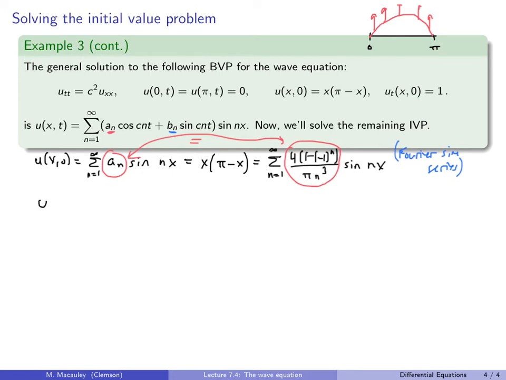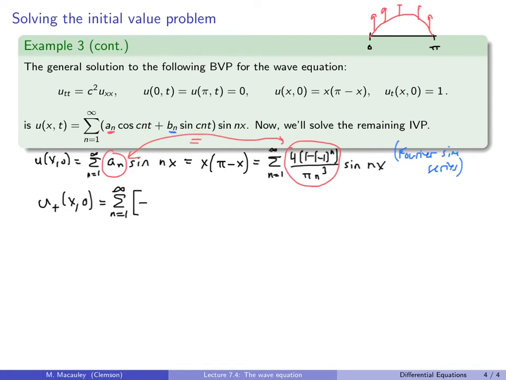So u, or the t derivative, ut of x, t is the infinite sum, n from 1 to infinity. Now what do we get? Things pull out: a c and an n pull out of the cosine and the sine, and this one becomes negative.